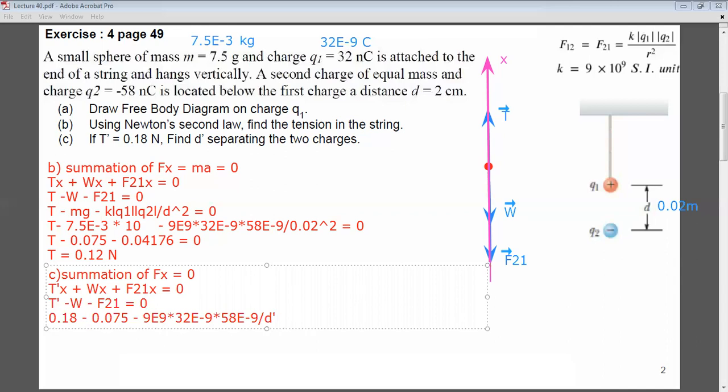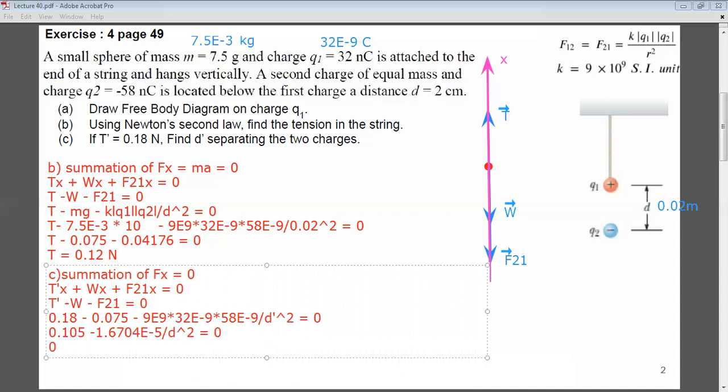So now our unknown is the distance. This is equal to 0. If we solve this, we get 0.18 minus 0.075, so this is 0.105, minus 1.6704 e to the minus 5 divided by the distance squared, equal to 0.